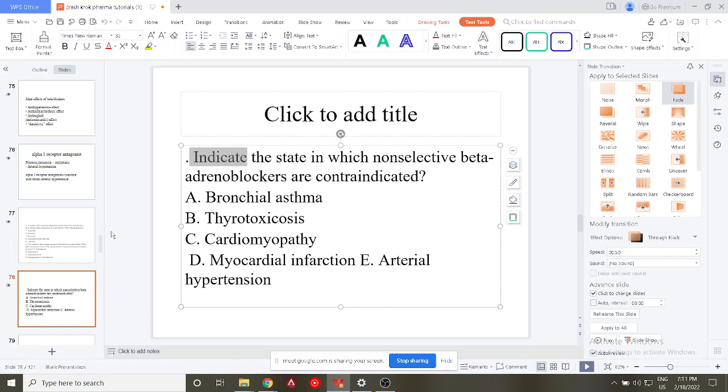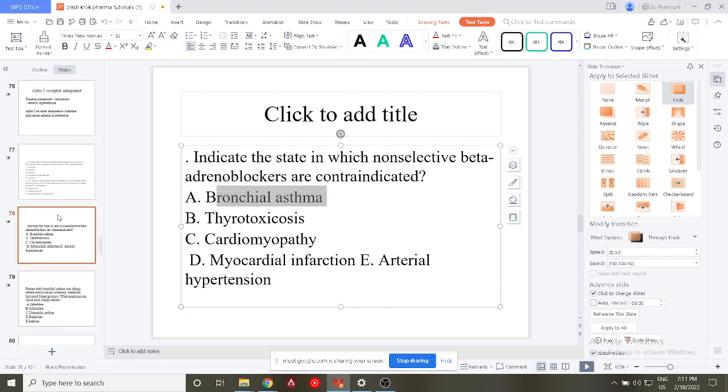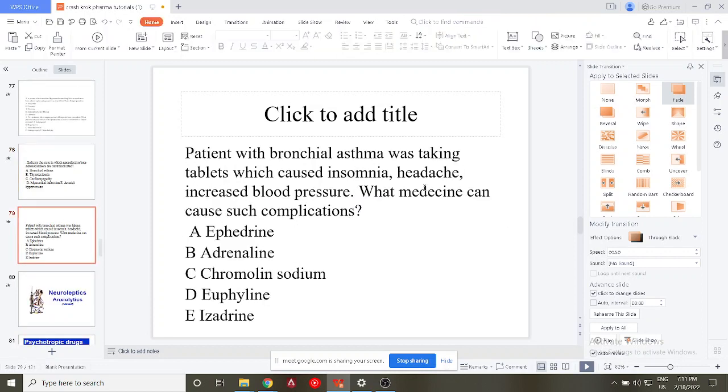Okay, next question. Indicate the state in which non-selective beta-adrenoblockers are contraindicated: bronchial asthma. That's correct. Good job. So please remember, you don't give non-selective beta blockers to patients with asthma. Never ever give it. Okay, last question for this part.